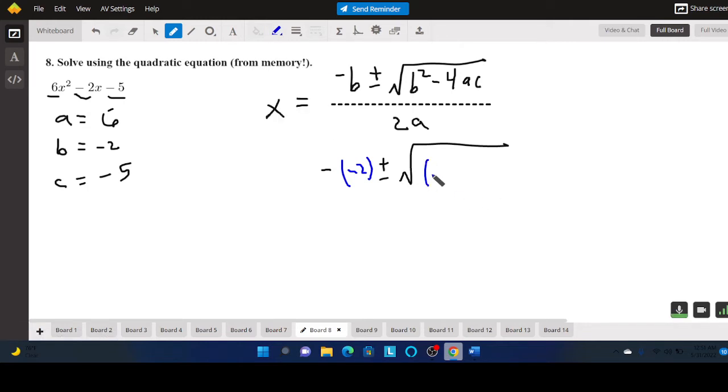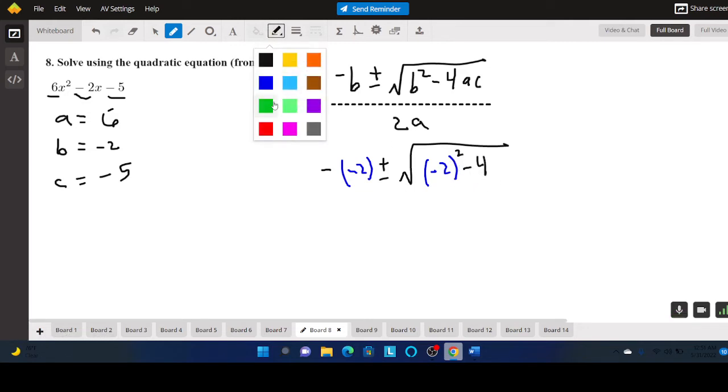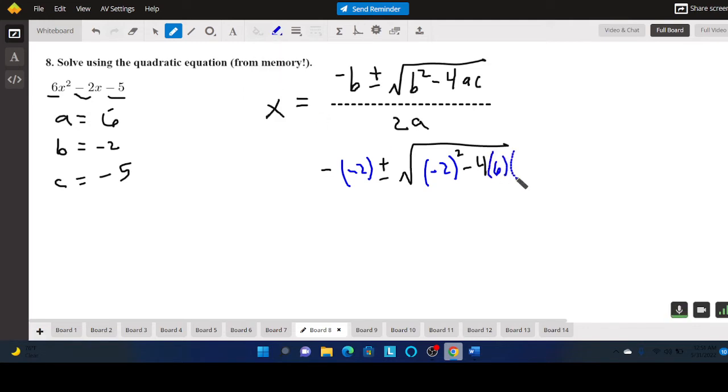Second time we need to plug in a negative 2 for b. That's going to be squared minus 4 times, and we're substituting 6 in for a and negative 5 for c.